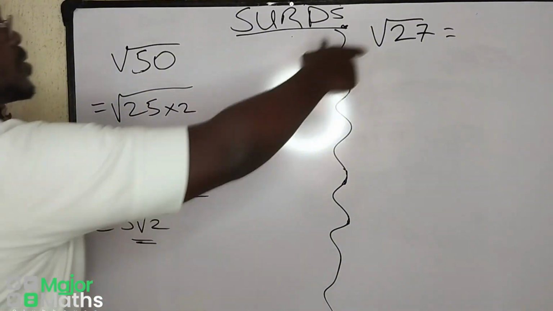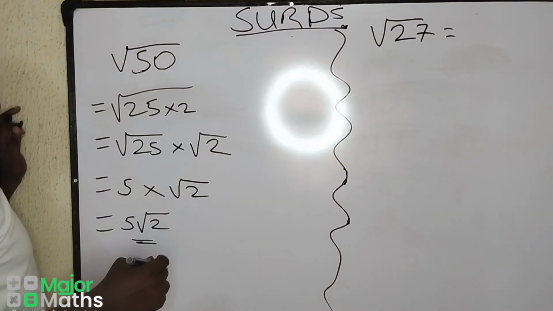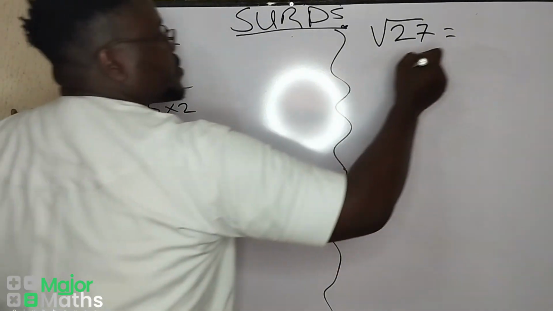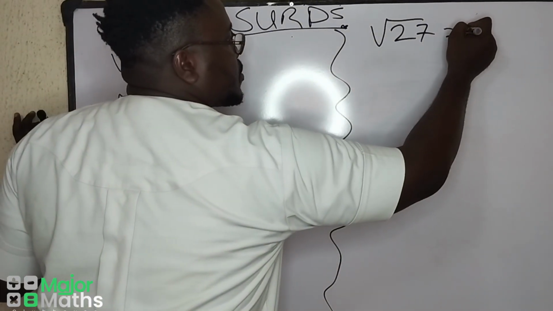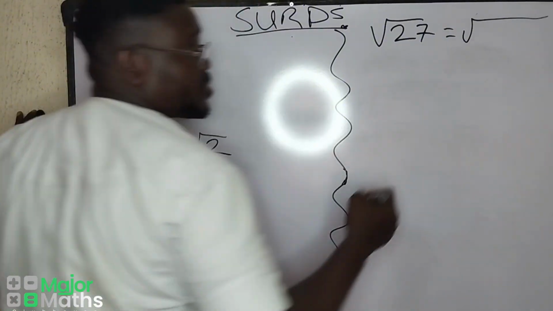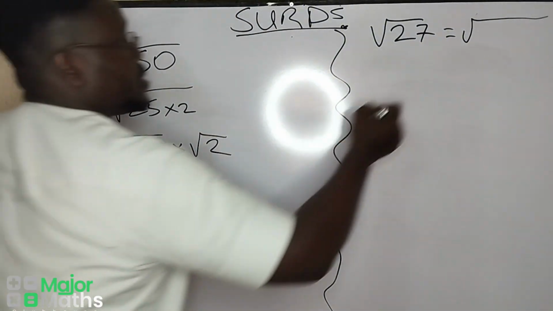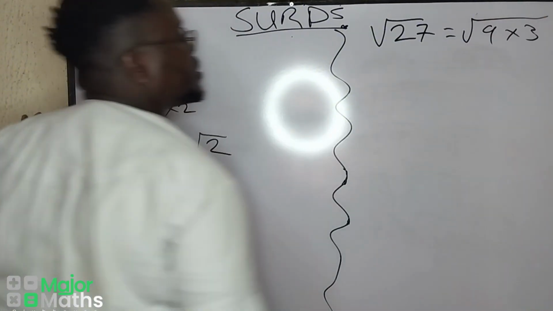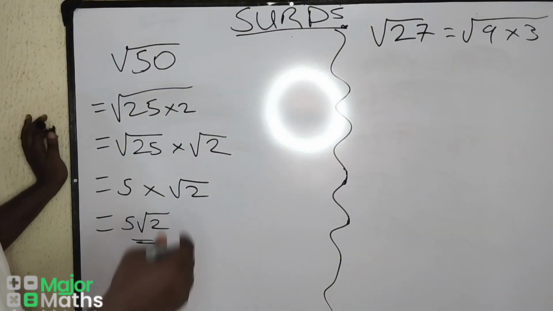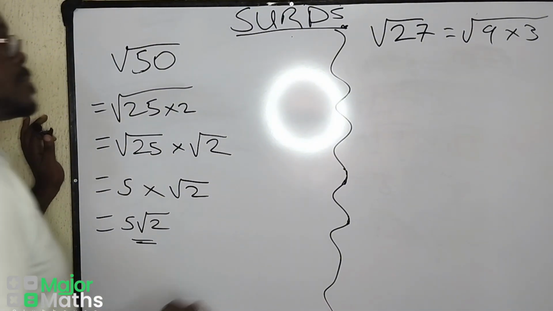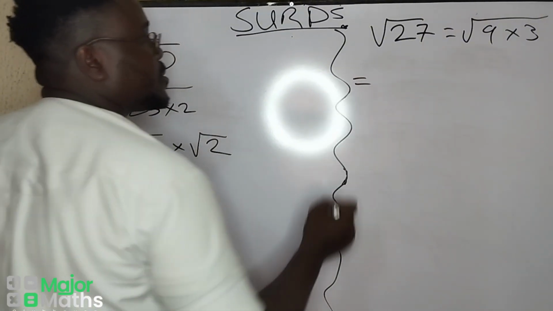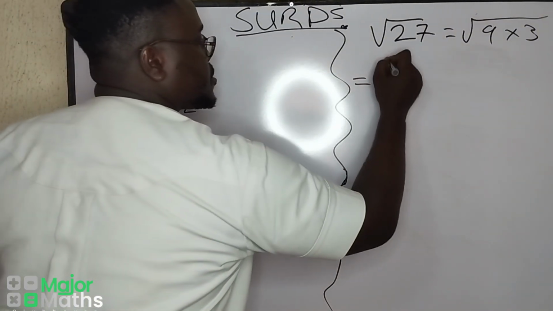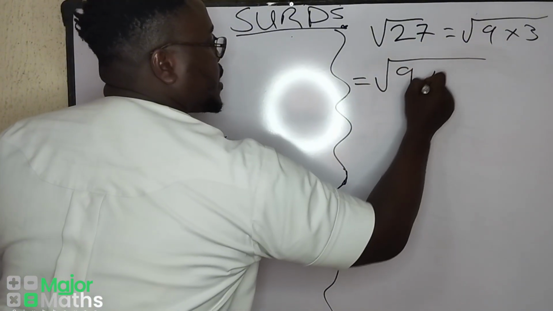So same thing goes for root 27, sorry. So we have root 27. We'll break it down to the factors like the way we did this. So we'll have 9 times 3. So let's bring it down here. We have root 9 times 3.